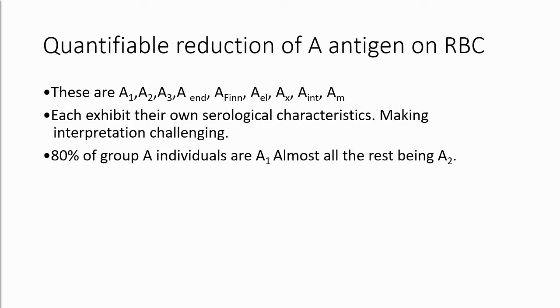Some of these are specific to populations, such as AFIN, which is present in the Finnish population. Importantly, each exhibit their own serological characteristics, making interpretation challenging. 80% of group A individuals are A1, almost all the rest being A2.